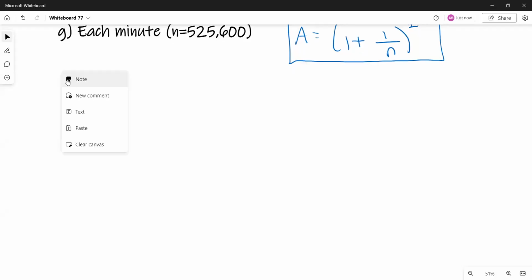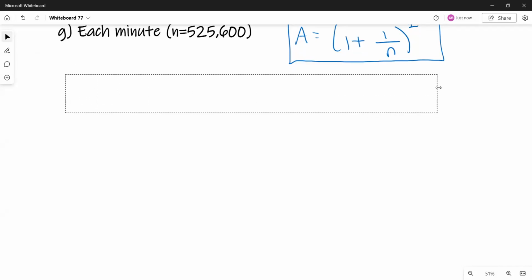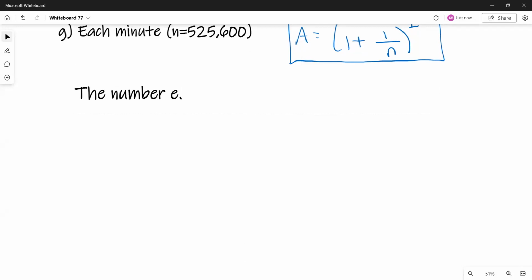Okay, so we found the interest. So we have something called the number E, and that will involve continuous growth. I'm trying to find the definition in the book. Okay, there it is.